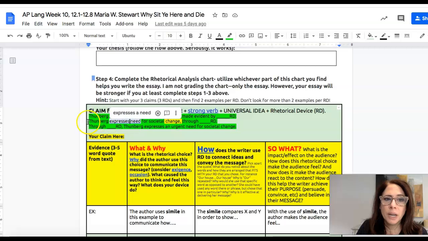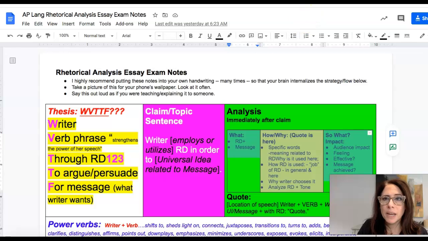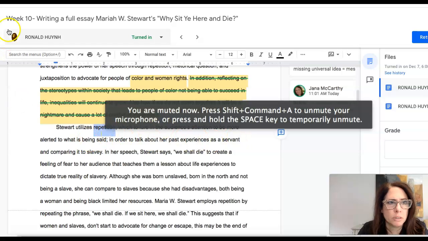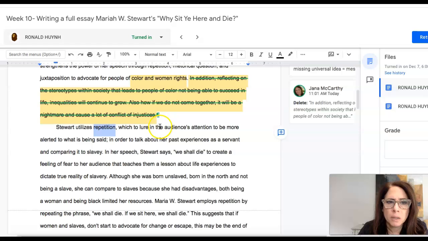So I would think about again, what is that abstract noun or universal idea for her? With the claim, you want to connect it to a universal idea that stems from the thesis.